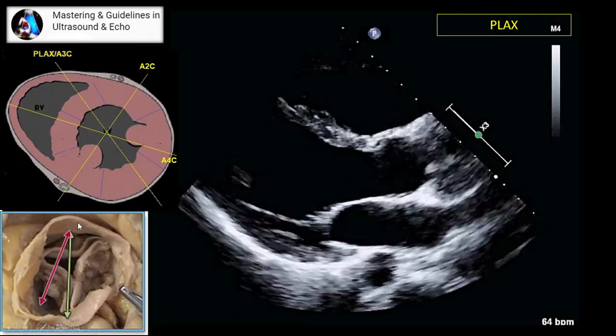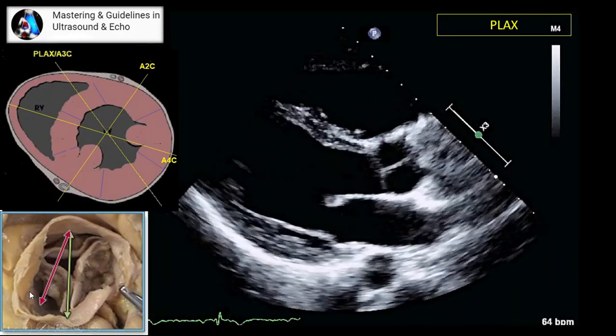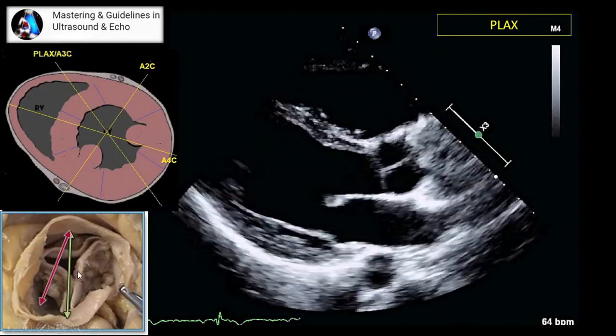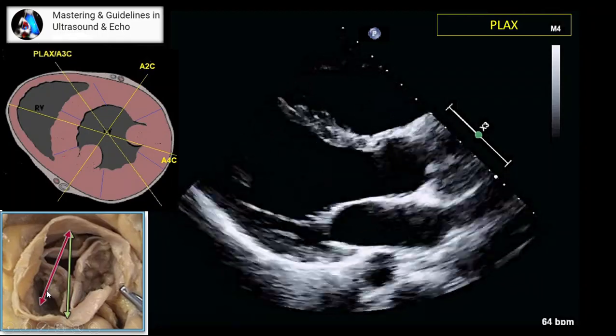This is the right coronary cusp, this is the left coronary cusp, and this one is the non-coronary cusp. Our sound wave plane passes through the center of the right coronary cusp and between these two, the commissure of the left and non-coronary cusps.